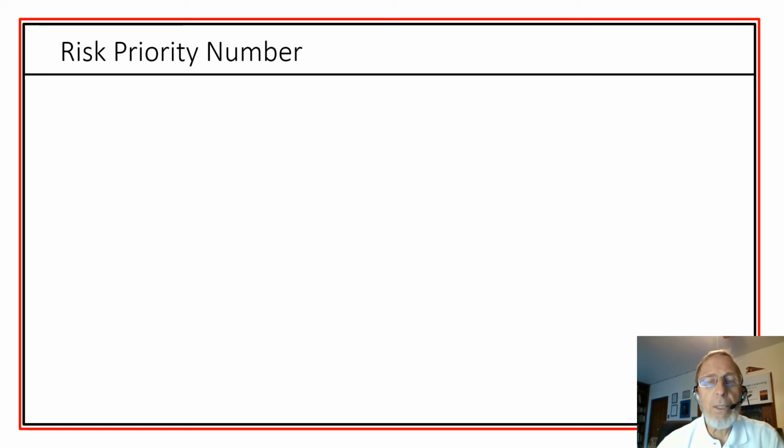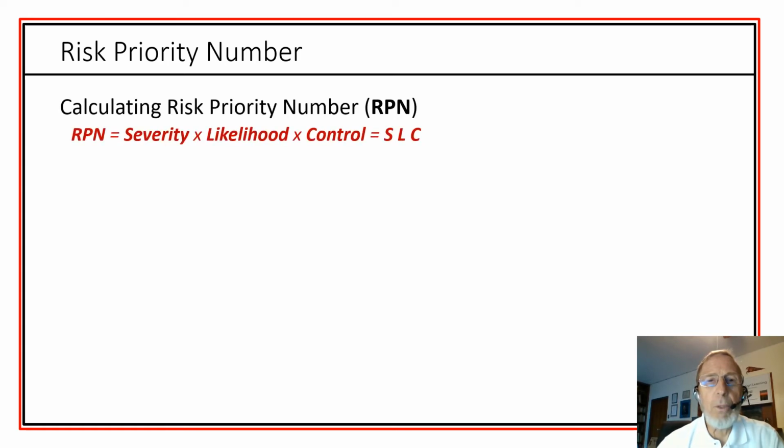We end up calculating what's called a risk priority number using these factors. We calculate it by multiplying scores associated with severity of the risk, the likelihood that it will occur, and our ability to control or prevent that risk. So it's a product of these three scores.